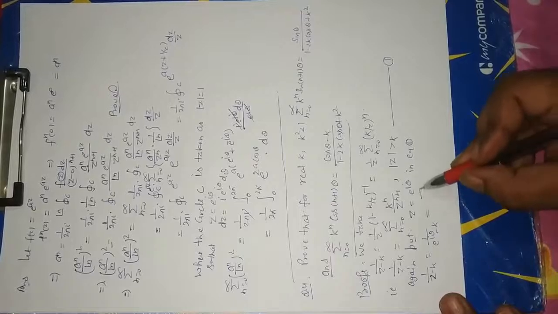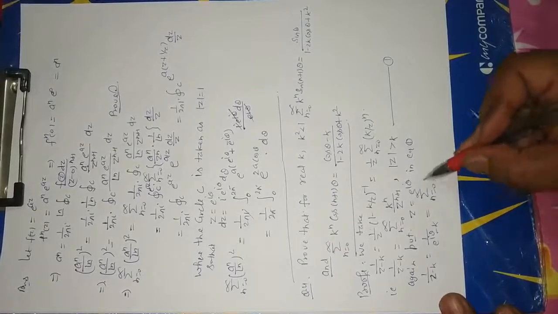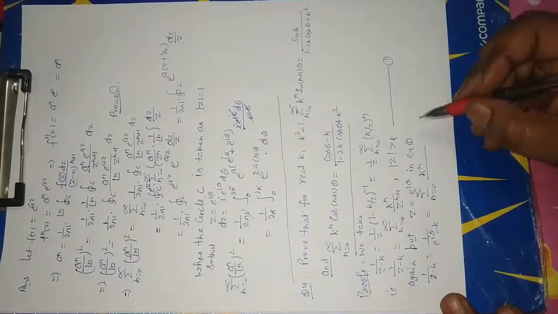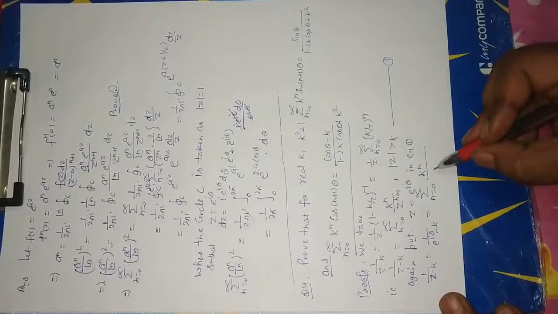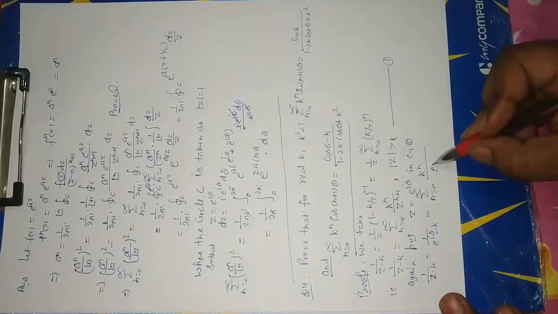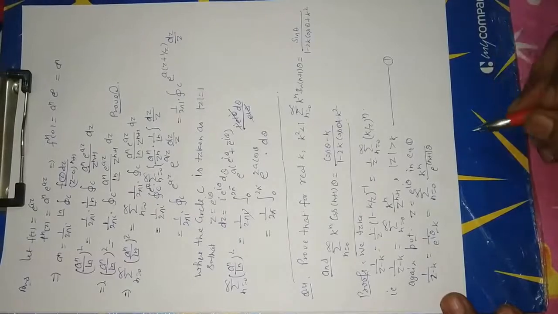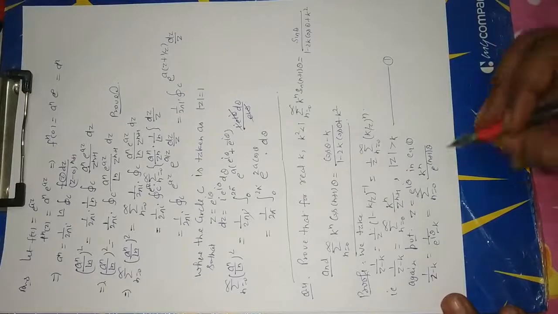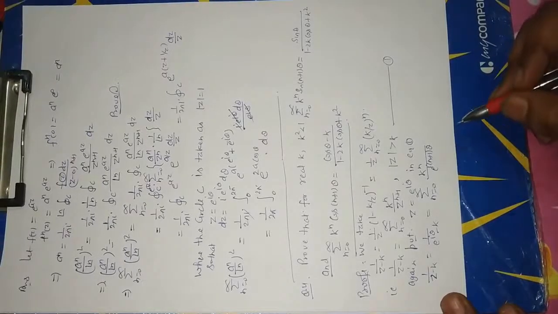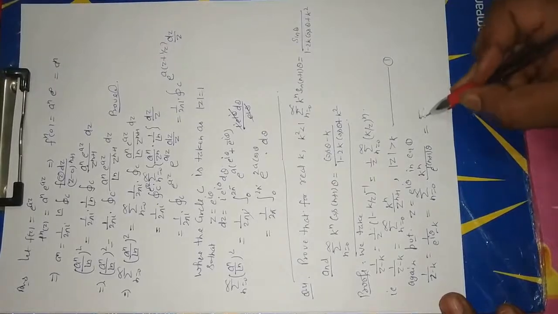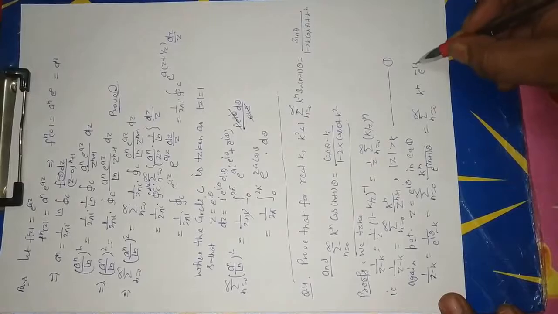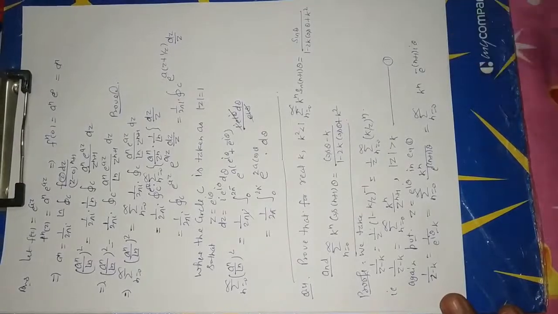This is equal to summation n equal to 0 to infinity k to the power n upon e to the power i (n plus 1) theta. That is summation n equal to 0 to infinity k to the power n e to the power minus (n plus 1) i theta. Okay?